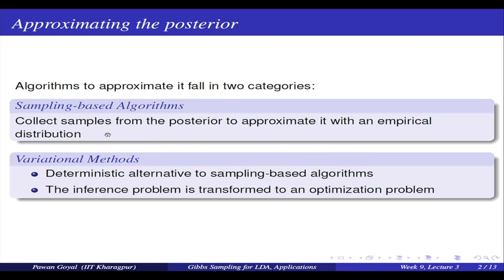There are also variational methods, where you convert the inference problem to some sort of optimization problem and try to learn the parameters that optimize that. Both methods are very much used in the literature. We will see Gibbs sampling, which is an easier to understand method.